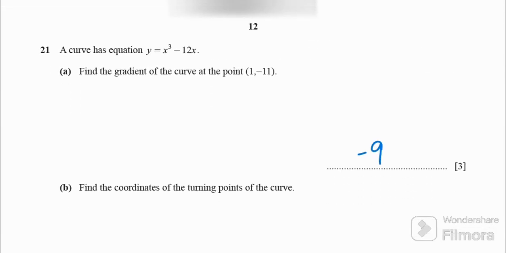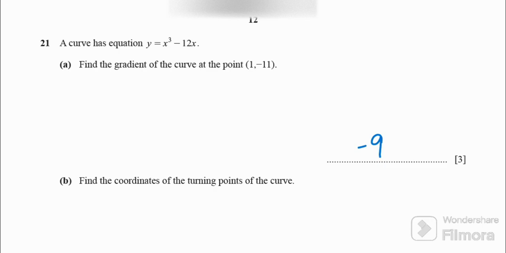Question 21 states the curve has equation y is equal to x squared minus 12x. Find the gradient of the curve. So what we will do is we will write the gradient, input the values, and calculate the gradient, which will be minus 9.